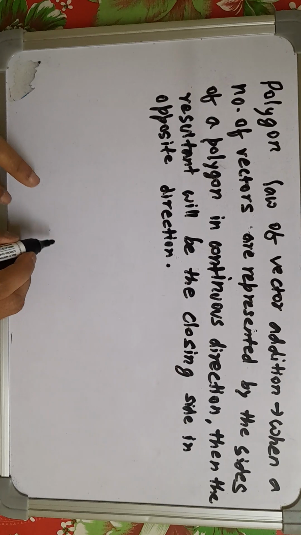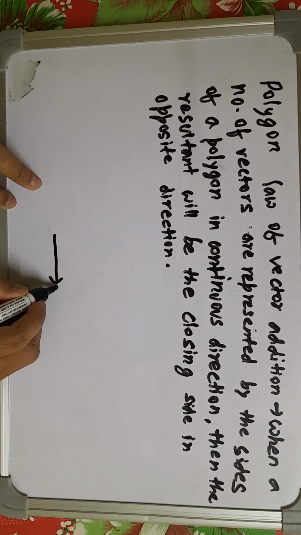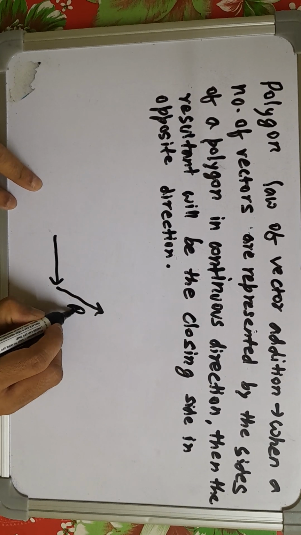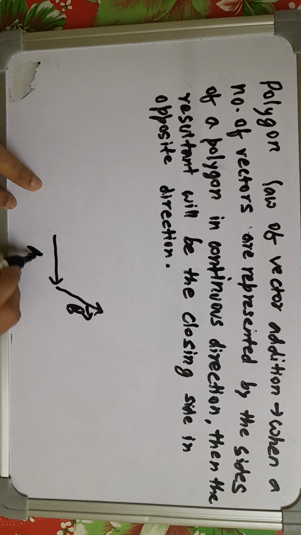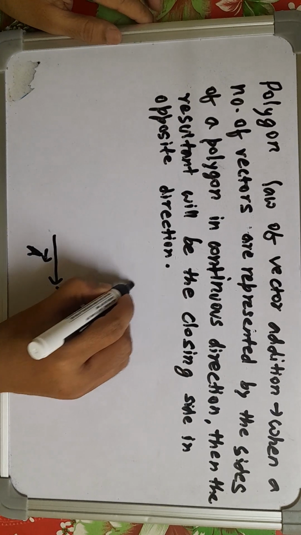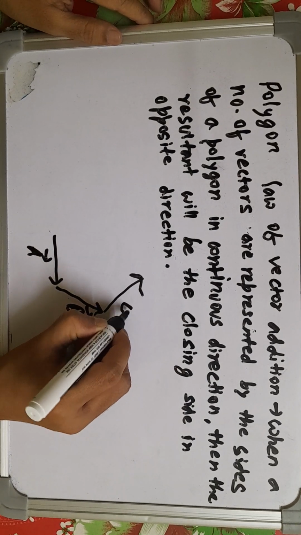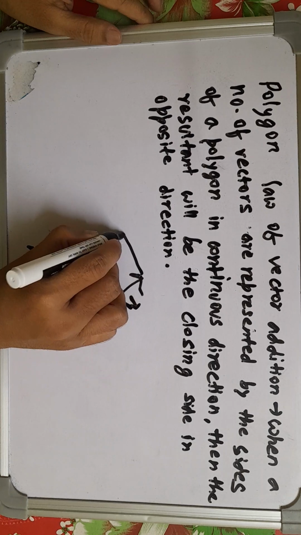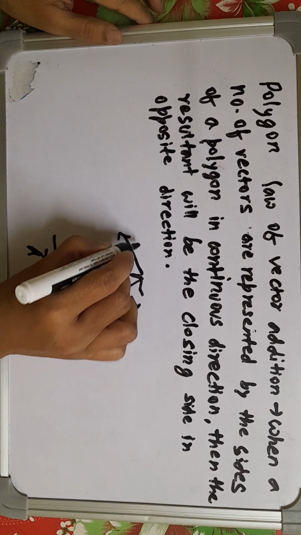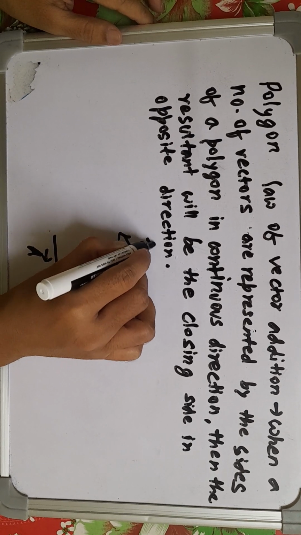Let us suppose this is a polygon with A vector, B vector, C vector, D vector.